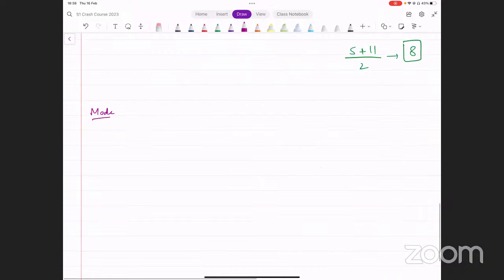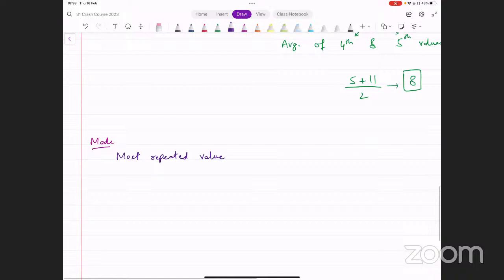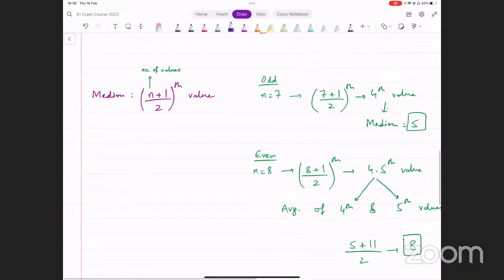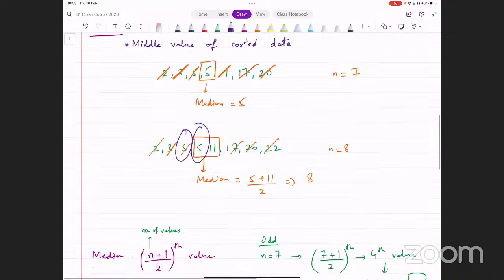What about mode? Mode is just the most repeated value. Now you can see in the data, the most repeated value here was 5, right? So 5 is coming here and also here. There are two 5s. So mode therefore is going to be 5 in this case. All right, let me just write that data down here again.